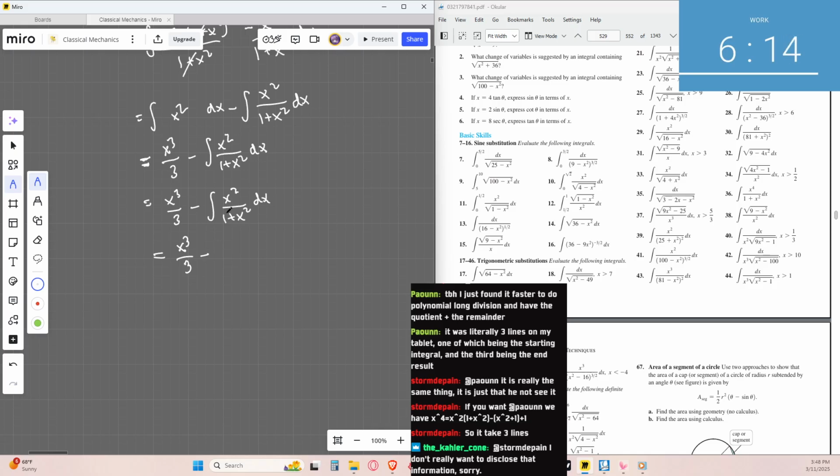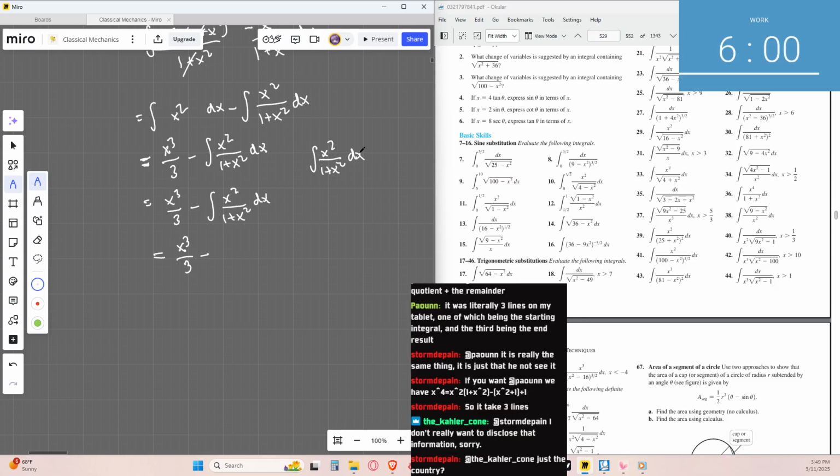I've seen this integral before, it's just that why am I blanking out on how to solve it? I guess.